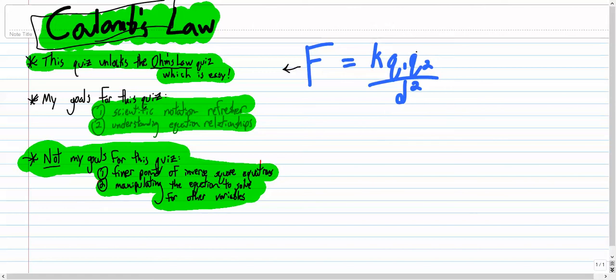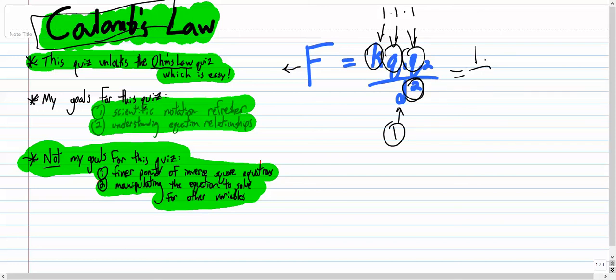So just to take a look at this equation, let's plug in ones for everything. We could keep the constant in here or ignore it, but I'm going to leave it in. So let's say this charged object has a value of 1, this charged object has a value of 1, and the distance is 1. If we just put in ones, we've got 1 times 1 times 1 divided by 1 squared, don't forget to square it, and we get an answer of 1. No biggie there.